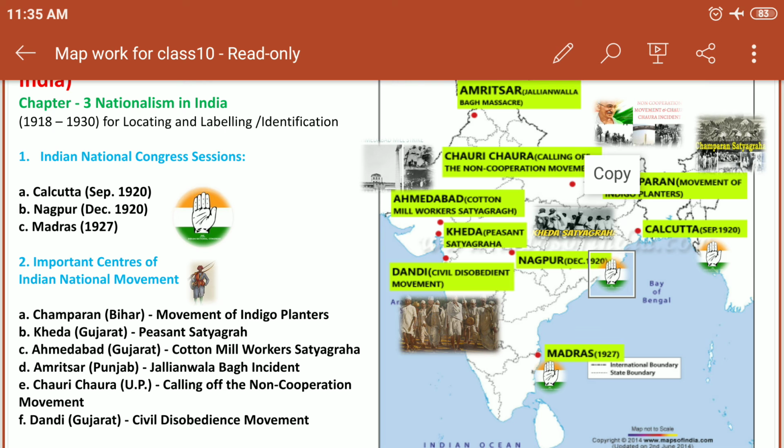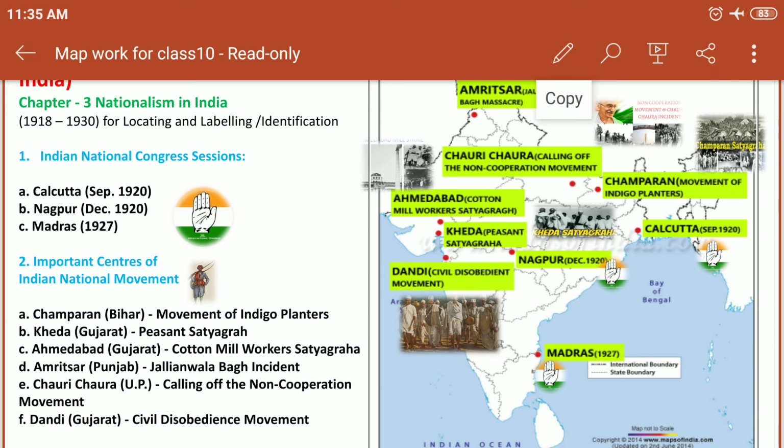Ahmedabad for the cotton mill workers' satyagraha of 1918. Kheda for the peasant satyagraha in 1917. Dandi, the beginning of the civil disobedience movement, the Salt March, where salt was broken by Gandhiji on 6th April 1930.